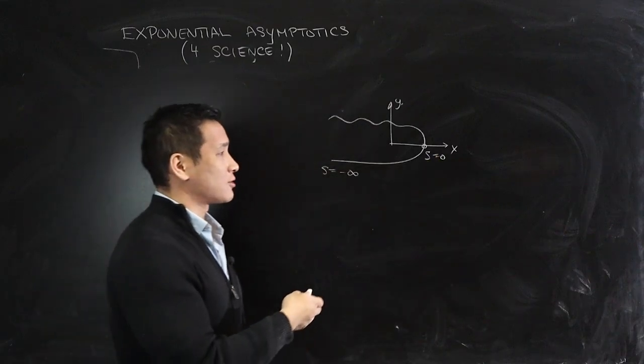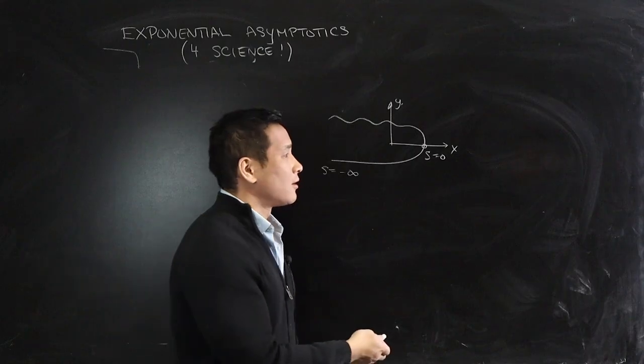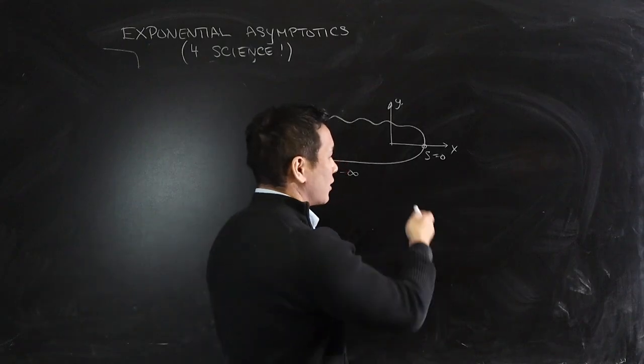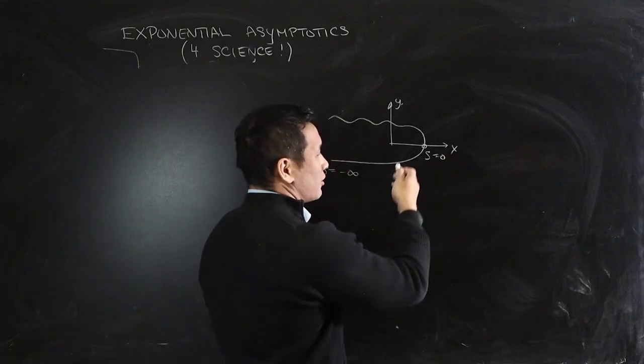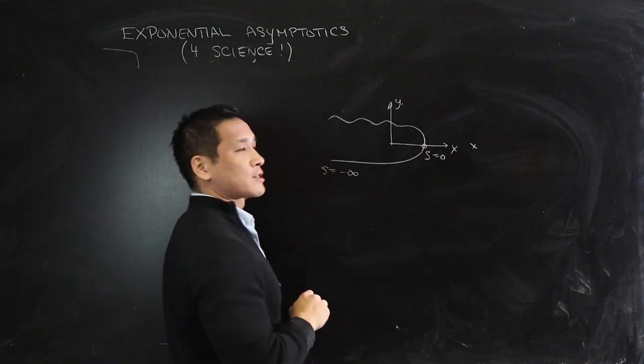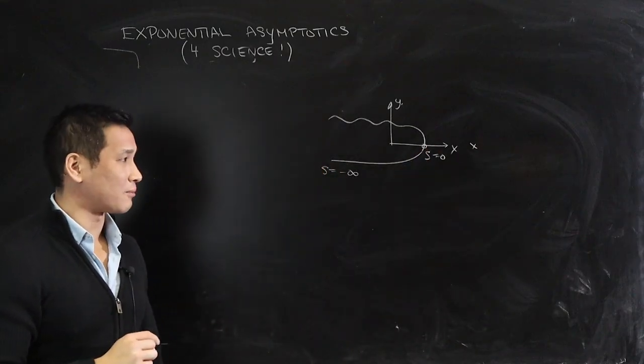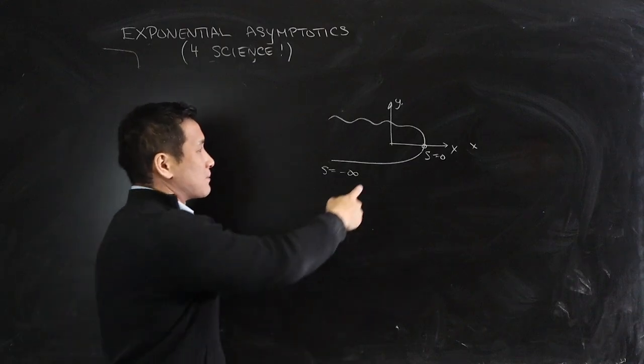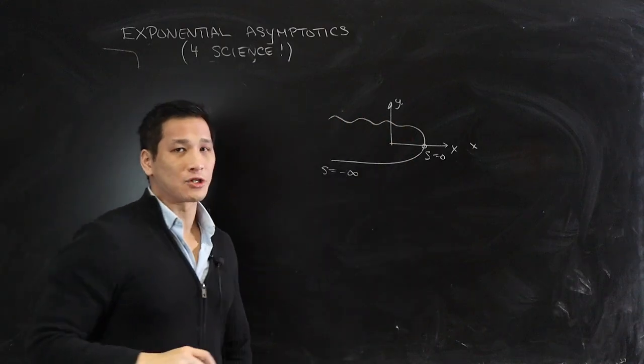And this switching on is happening somewhere in the complex plane, so you can't really plot it, but you can think of it as a singularity which is associated with the nose of the crystal. And across this point, I'm going to switch on this oscillation.